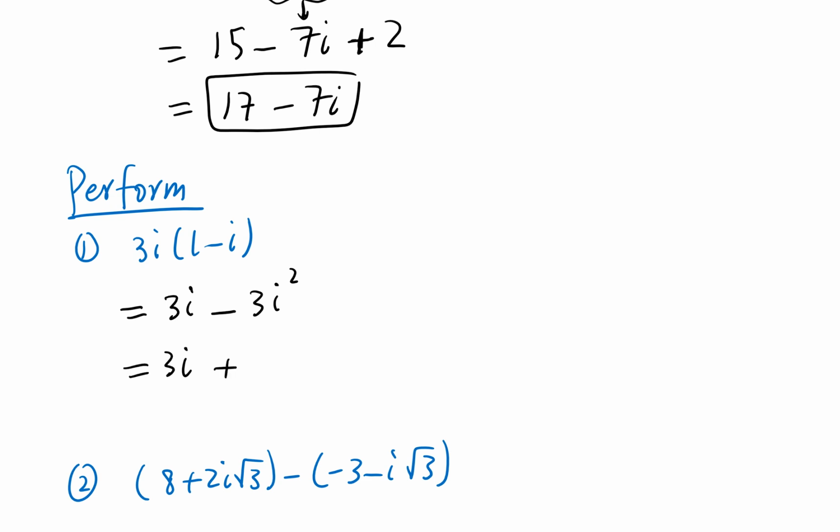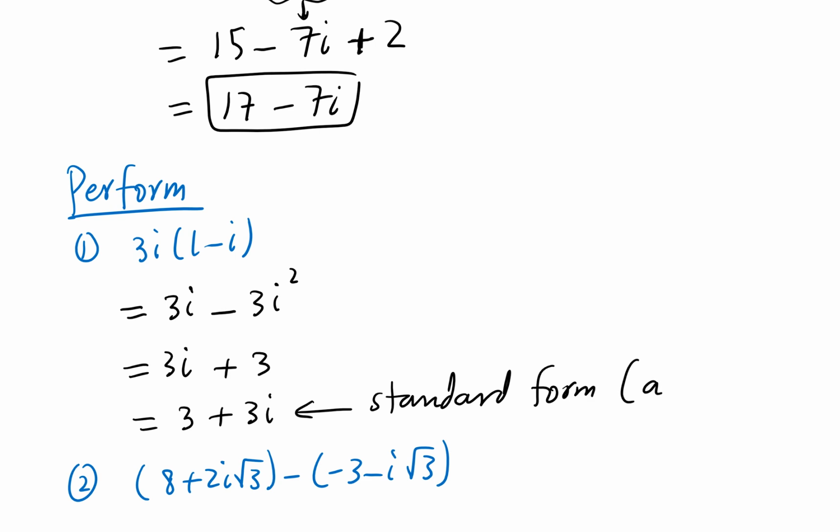I squared is -1 times 3. But I always like to write a number first, then the i. That's called the standard form of a complex number. It's in the a plus bi form.